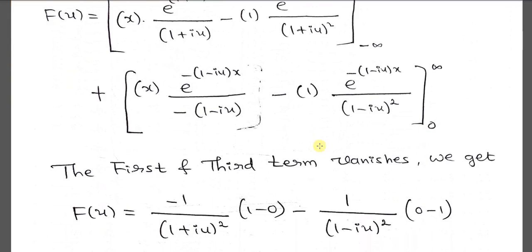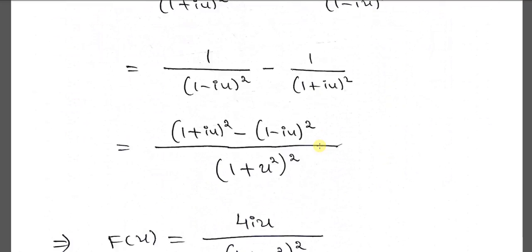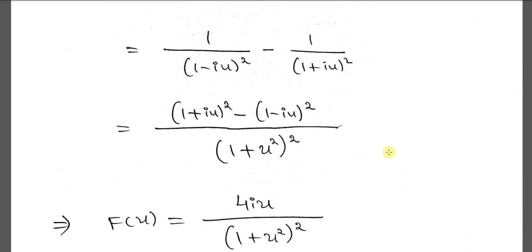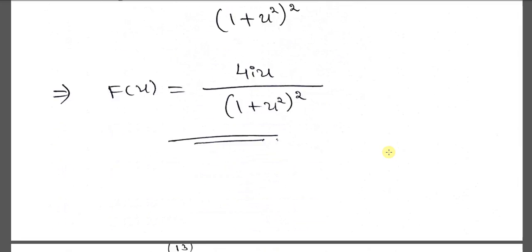And simplify, you get the answer as 4iu divided by 1 plus u square whole square after simplification. So this is how we have to solve the problems in Fourier transform and inverse Fourier transform. So try to work out more problems, you will get a clear-cut idea.